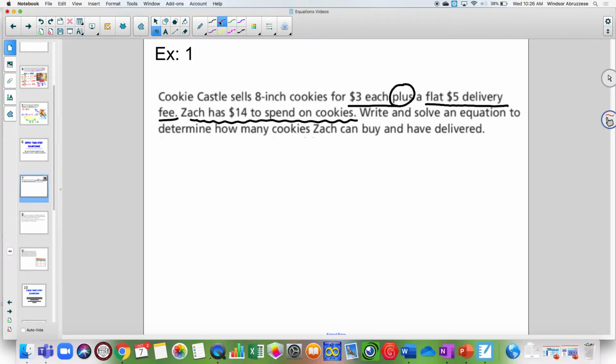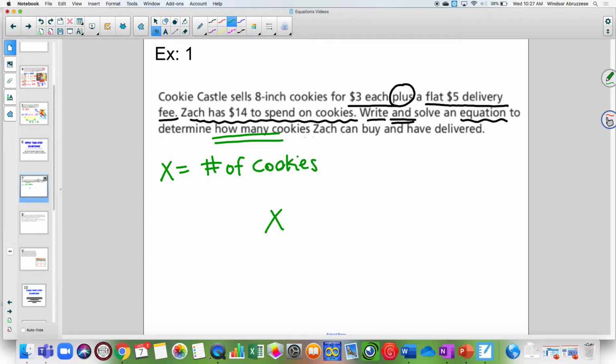So let's get started because we need to write and solve an equation to determine how many cookies he can buy. So, $3 each, okay? I don't know how many I can buy. So let's make X equal the number of cookies Zach can buy. So Zach has some cookies. And how much are those cookies? They're $3 each.